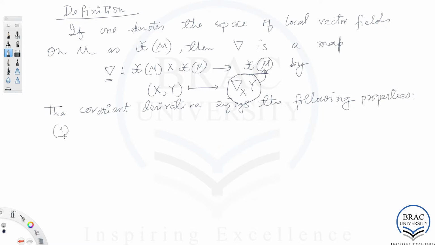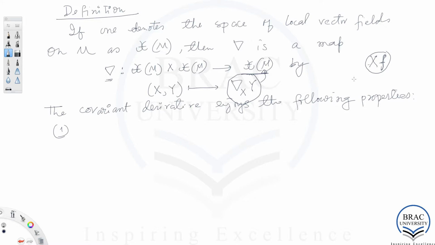One, see that X is a vector field, right? So when this vector field acts on a smooth, real valued function on the manifold, it gives you a new function. So X acting on f spits out a new function.